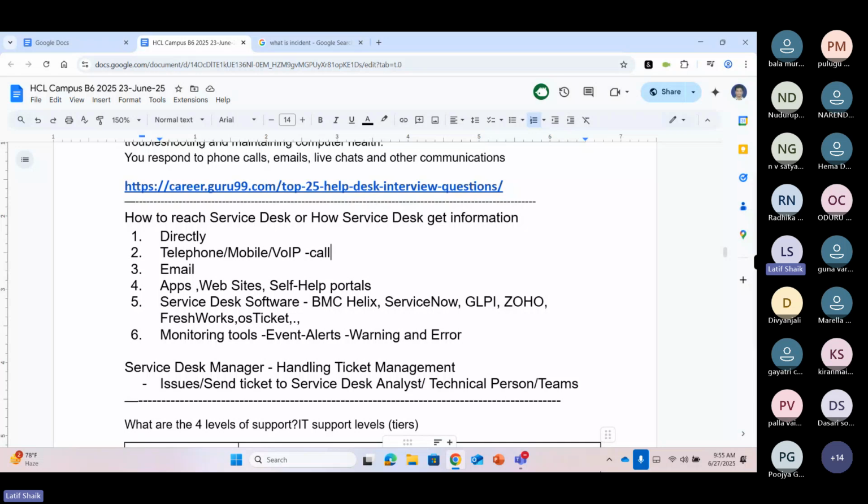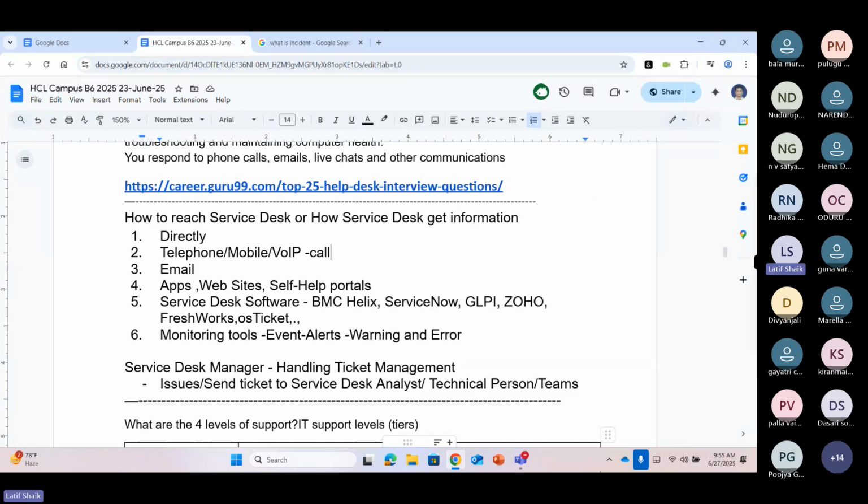Then in the service desk software, electronic tickets will be created, and these tickets will be assigned to the related team members, so they are going to resolve the issues. This is how the service desk gets information, or how things reach the service desk.